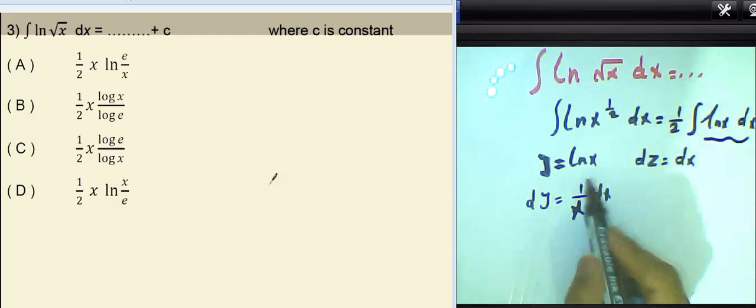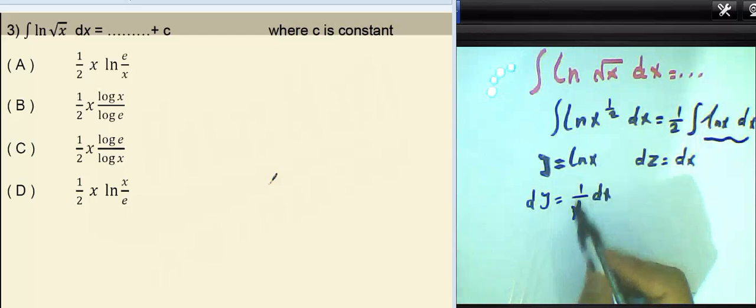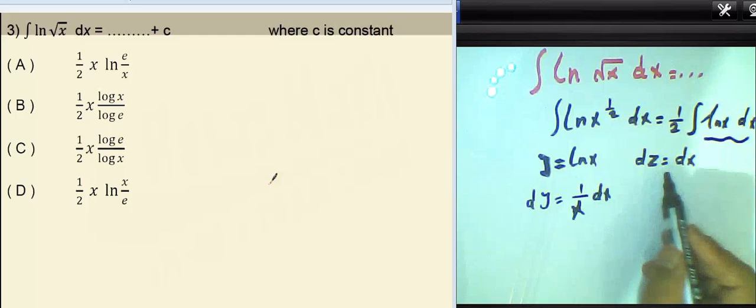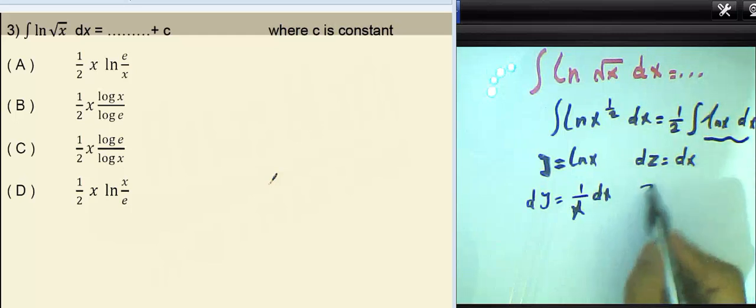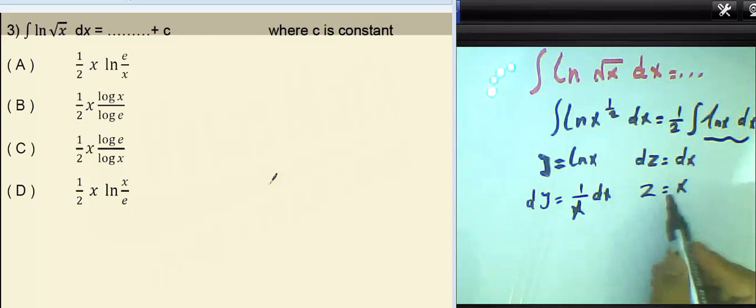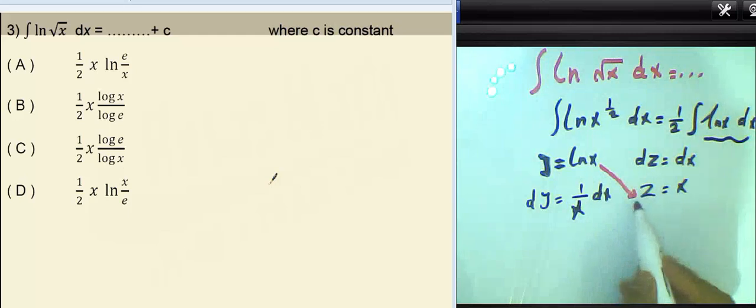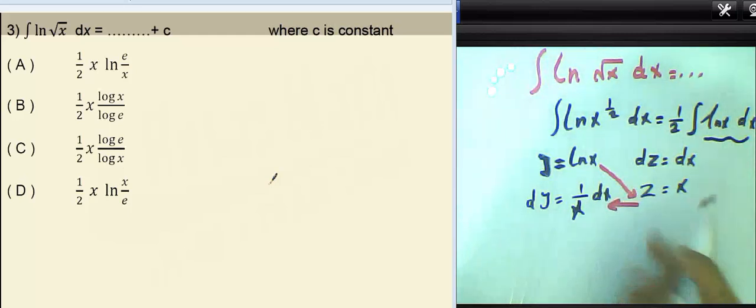We can write 1 over x because the derivative of x equals 1, and for this function we can write the integration of dz, it will be z, the integration of dx equals x, and then using the rule y times z subtract the integration of z multiplied by dy.